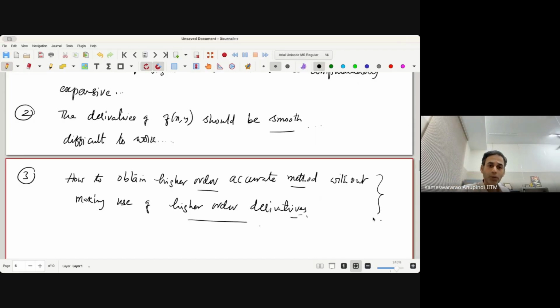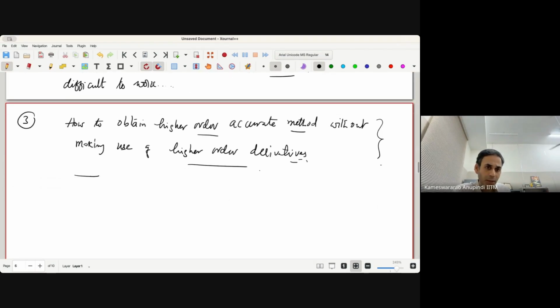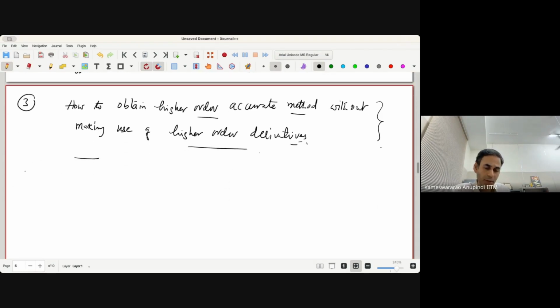So we will go for the next method here, which you already know, and that is your explicit Euler method. We have already seen the explicit Euler method, implicit Euler method, and the Crank-Nicolson method in the context of partial differential equations. Now we are trying to see them in the context of ordinary differential equations.